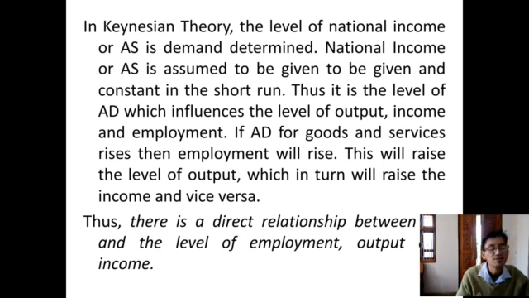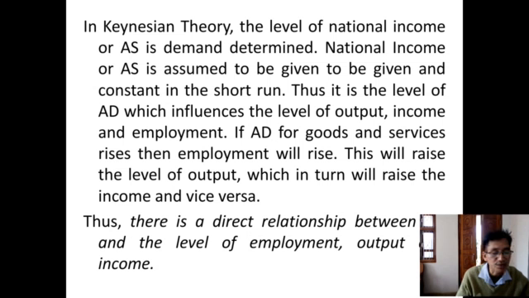Thus, it is the level of aggregate demand which influences the level of output, income and employment. So if aggregate demand for goods and services rises, then employment will automatically rise. This will raise the level of output, which in turn will raise the income, and vice versa.